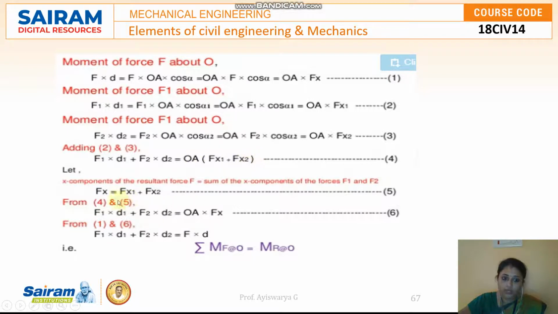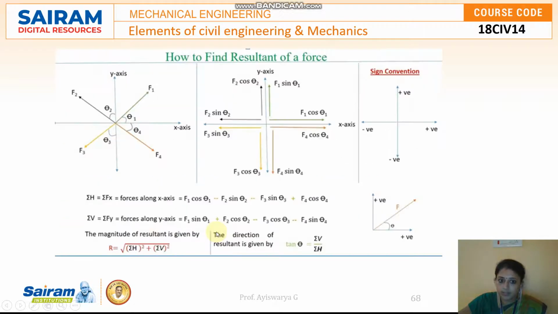We know that the sum of the forces is equal to the individual components Fx1 plus Fx2. So F1 D1 plus F2 D2 is equal to OA into Fx, which is nothing but F into D. So the sum of the moments of all the forces is equal to the moment of the resultant force. This is what Varignon's theorem says.